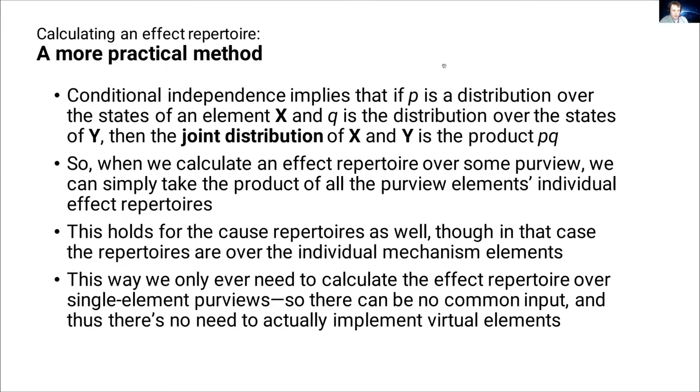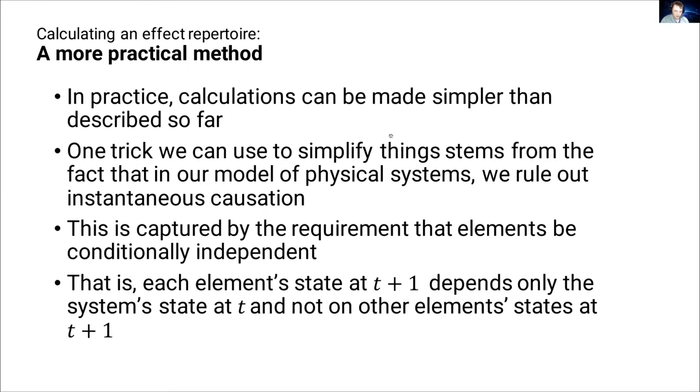So if you're thinking about this, it means that at a current time point, if some element is in some particular state, that's been determined only by what state the elements were in previously, not what any of the elements are in at this given time step.